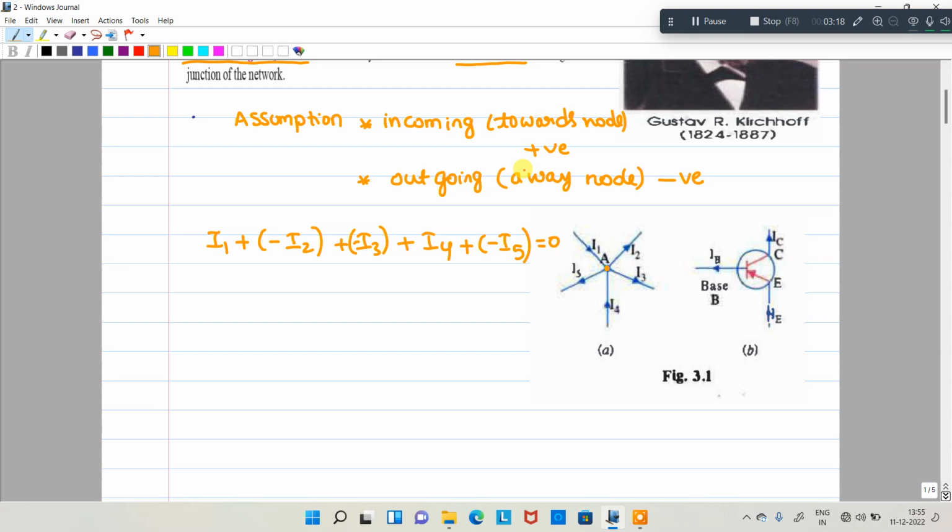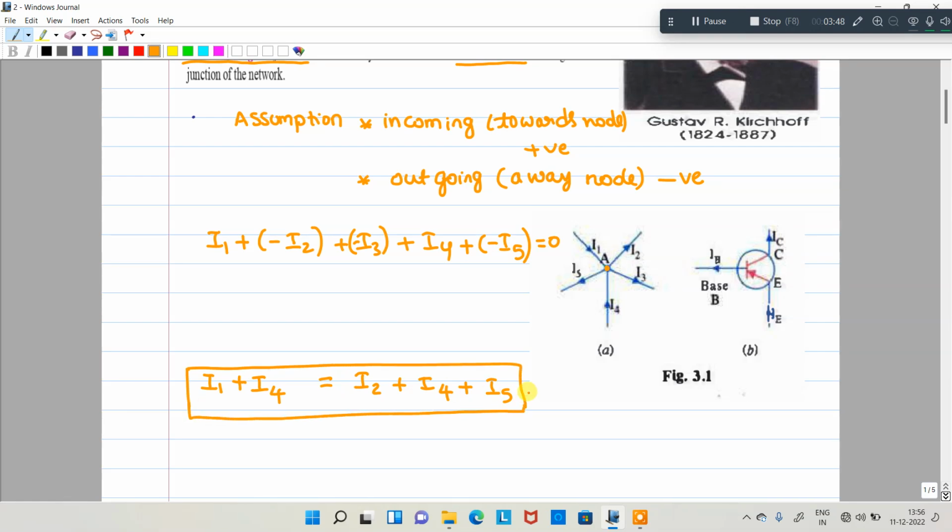Coming to the second statement, I need to prove it. Incoming currents: I1 is incoming, I4 is incoming, okay? I1 and I4 are incoming, and I2, I3 and I5 are outgoing. I2 plus I3 plus I5 is outgoing. This is KCL, incoming current is equal to outgoing current from statement 2.